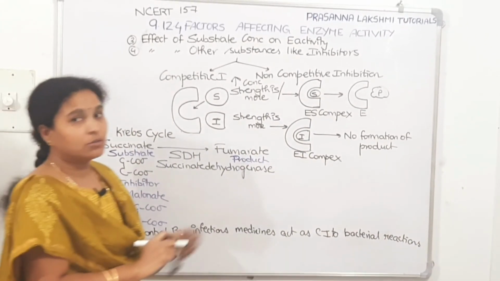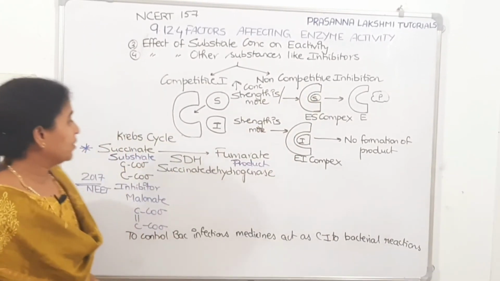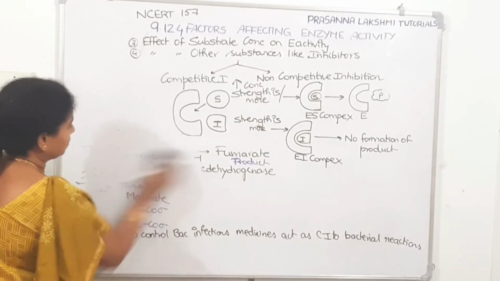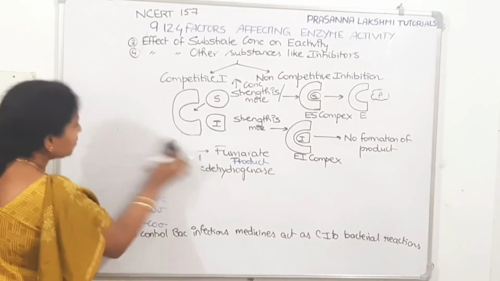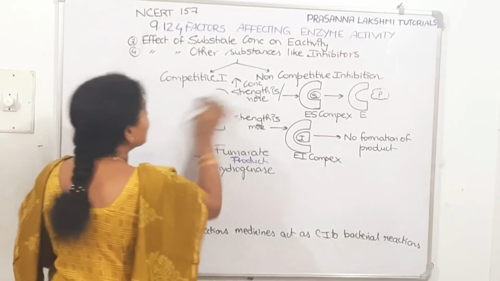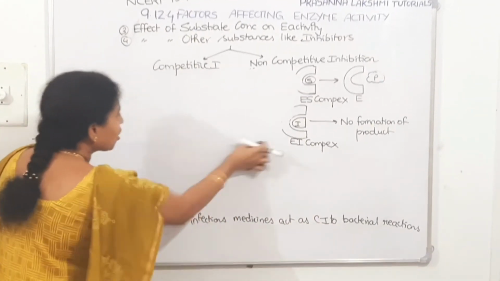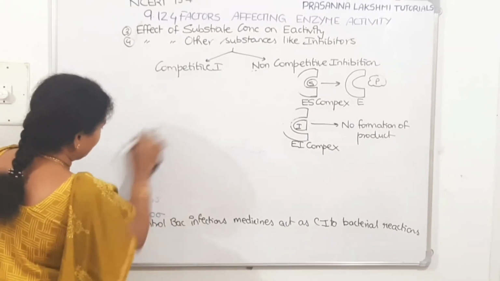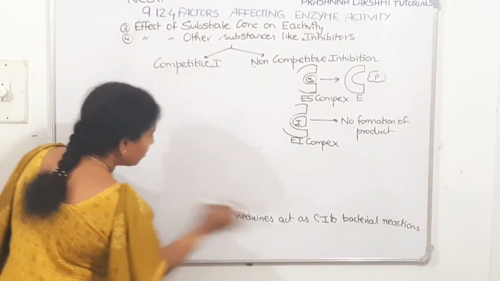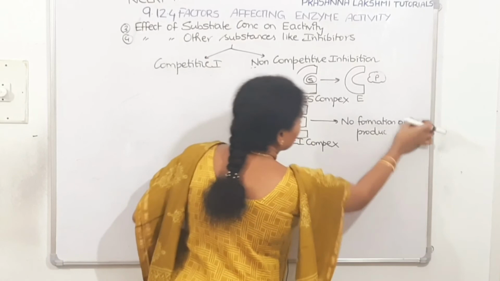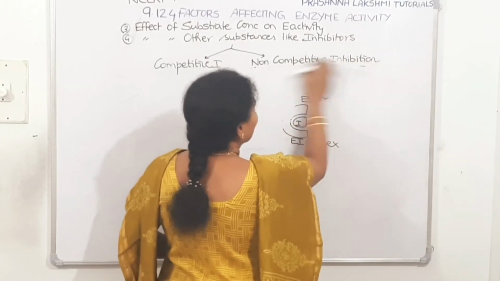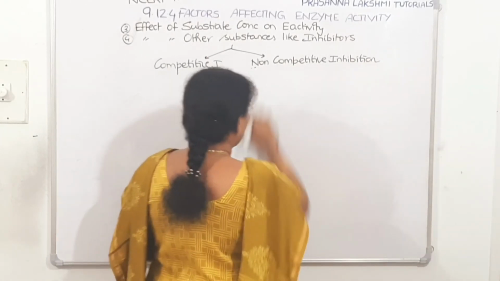Now let us talk about non-competitive inhibition and then we can end the session. In competitive inhibition, we told that there is resemblance between the substrate and the inhibitor, and either the ES complex will be formed or the EI complex will be formed. But in non-competitive inhibition, the enzyme has 2 sites. One site is an active site.